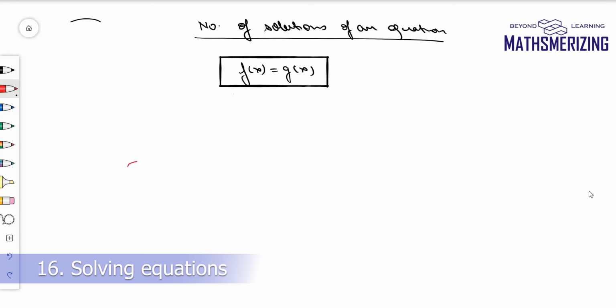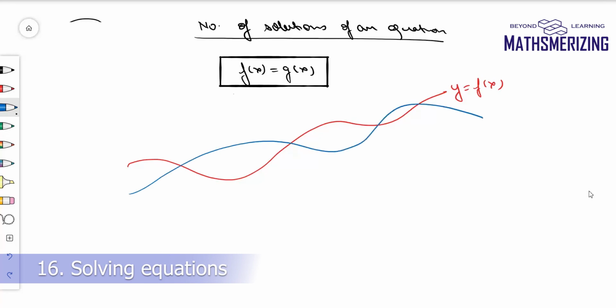I can draw the graph of y equals f(x), and then I'll also draw the graph of y equals g(x). Now I need to find all those points where the value of f(x) is equal to the value of g(x). So I'll mark all the points of intersection. Therefore the number of solutions to this equation is equal to the number of points of intersection of these two graphs. So in this case, the number of solutions of this equation will be 4.